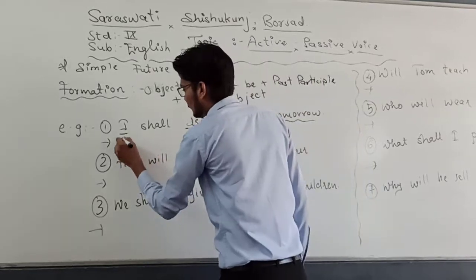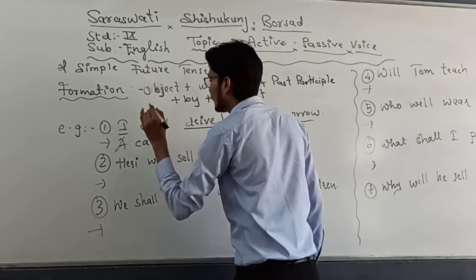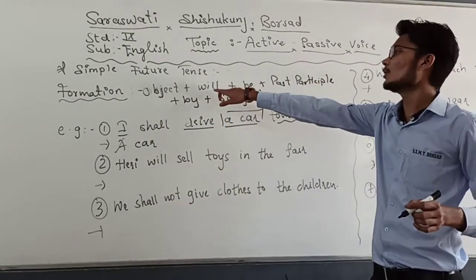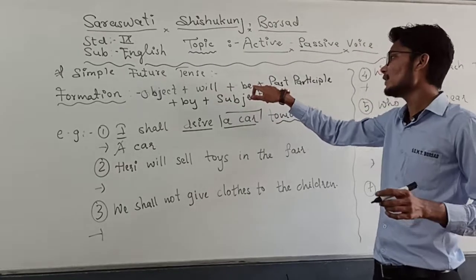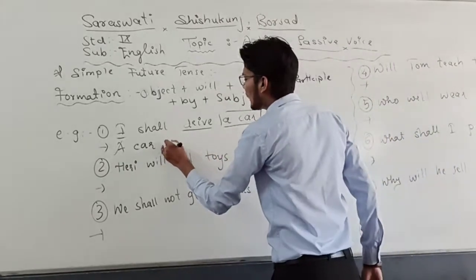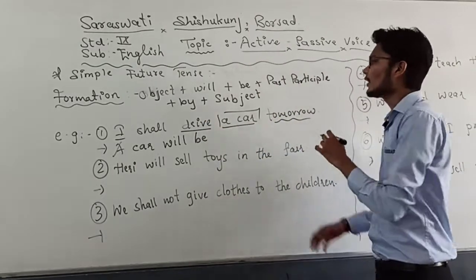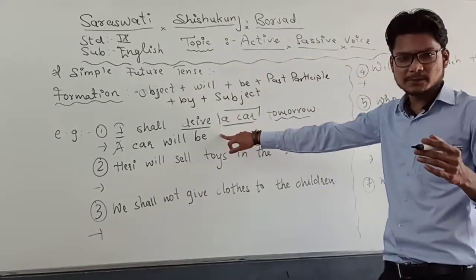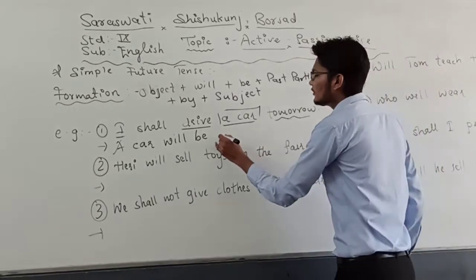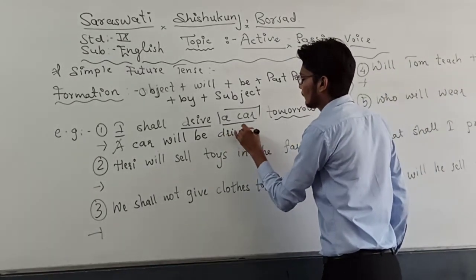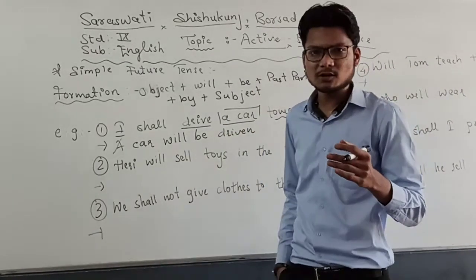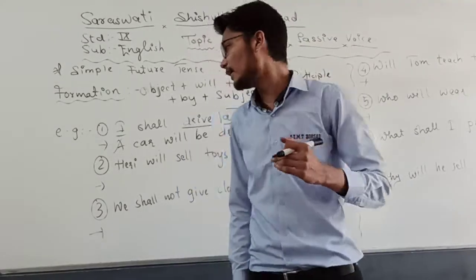A car. After the object, what you have to do is add will and be. So you write will be. A car will be. Drive. What is the past participle of drive? That is driven. The past participle of to drive is driven.